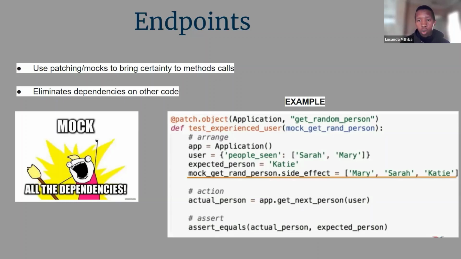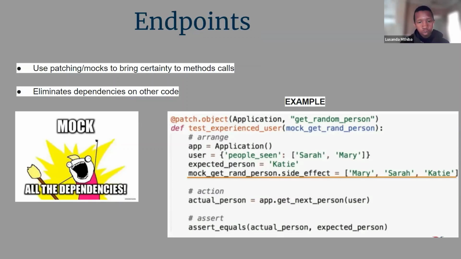So .get_random_person, it's important there. Then you mock that random person. Then you say define test_experience_user, then mock. Then you pass. If you're mocking three methods, then you have to pass all of them in the function.